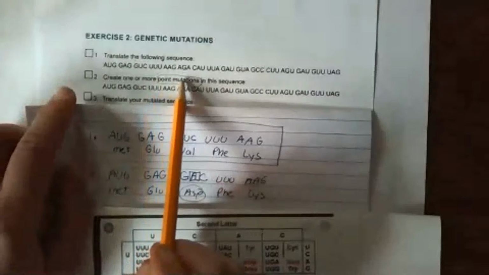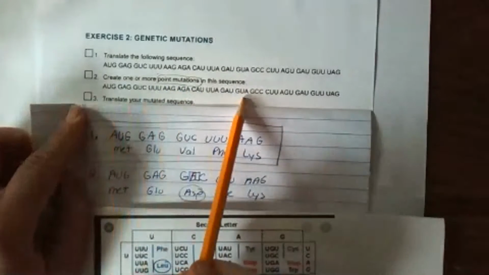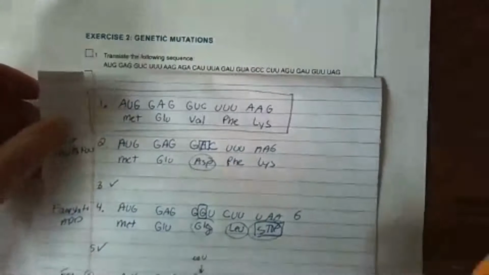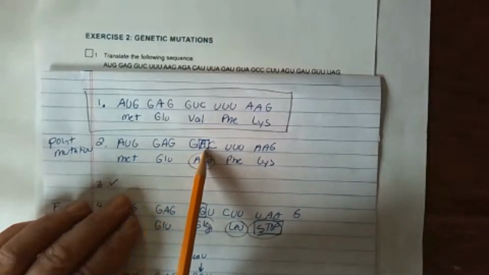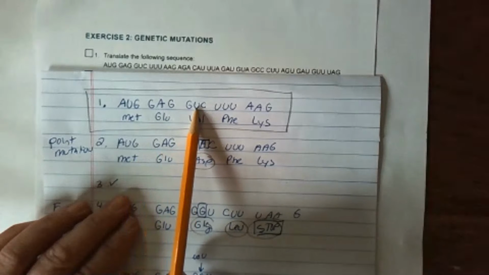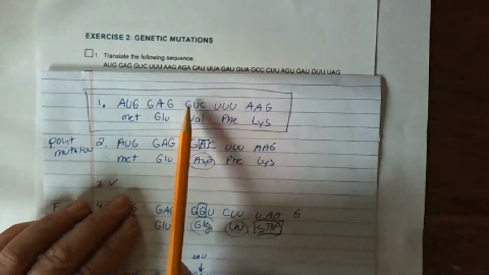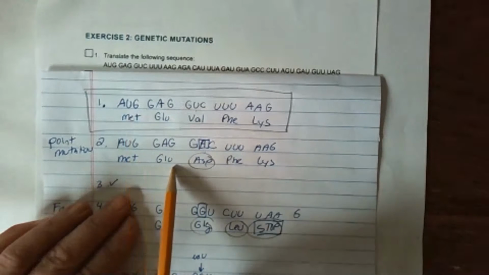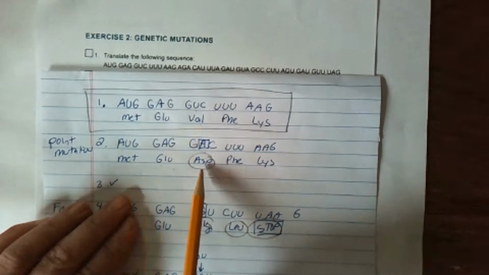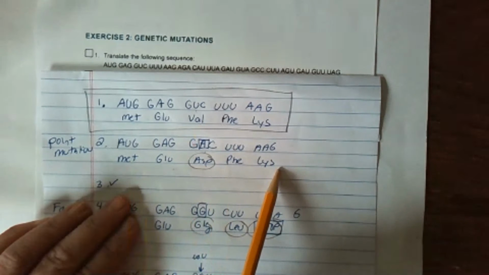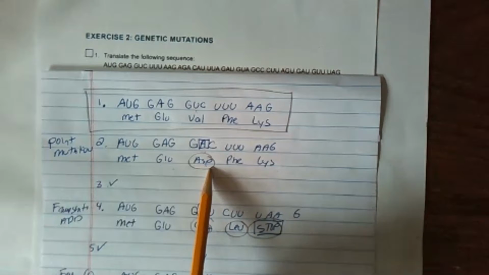Then after that, it says to create one or more point mutations in this sequence. What I chose to do is I started out the same, and then I changed here. My point mutation is I switched an A in for a U. I start out the same, but now I have GAC, and instead of having valine, I have aspartic acid, ASP. And then the rest of it's the same. So this would be a type of missense mutation.